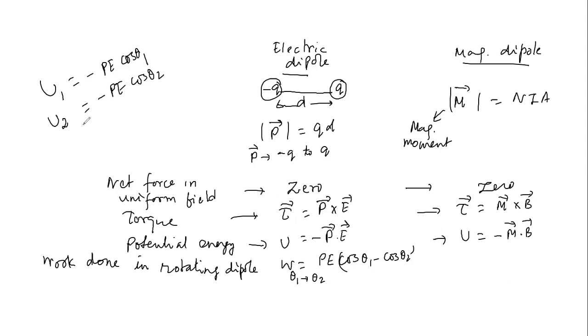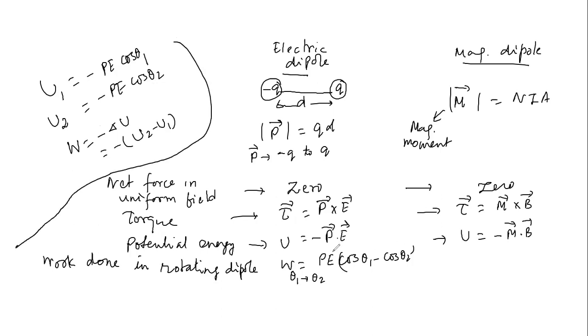So the work done will be the negative of the change in potential energy. Work done by a conservative force is the negative of the change in potential energy. So you can write U2 minus U1, put in the values and get this result. You might have studied this in mechanics.